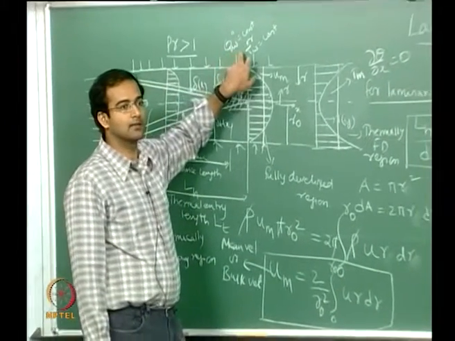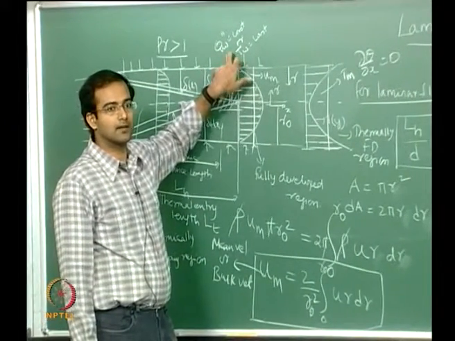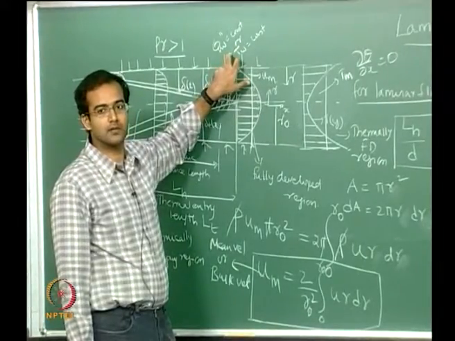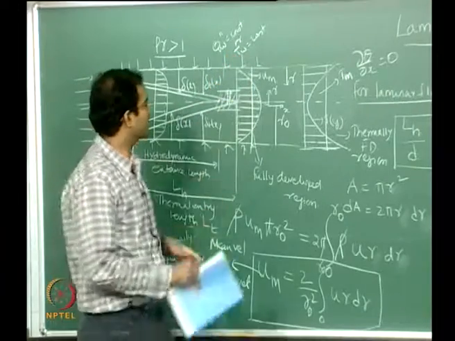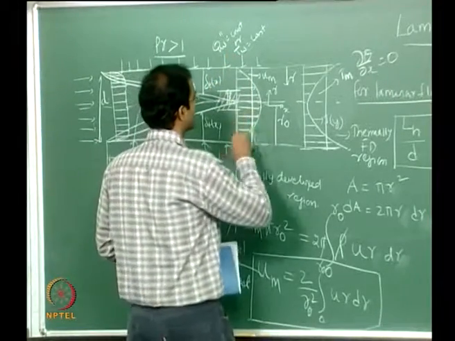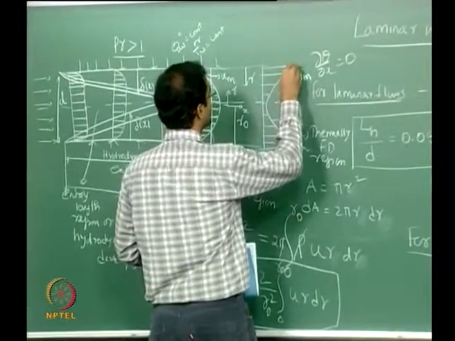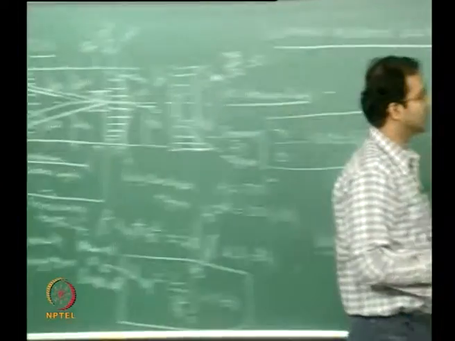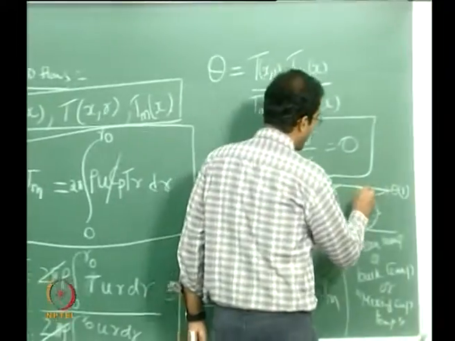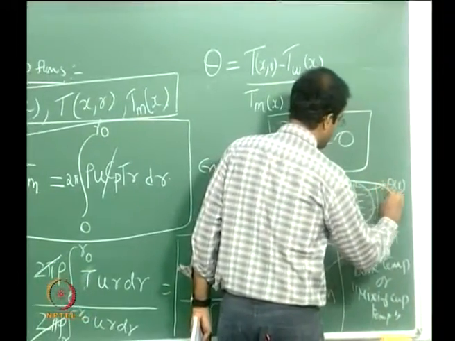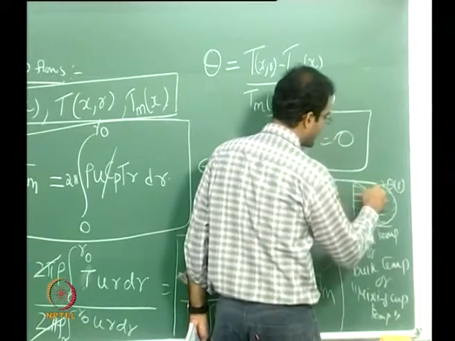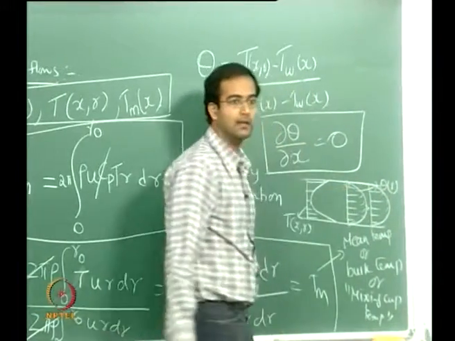At the wall, that will be a fixed value. Since theta is not a function of x, the slope also cannot be a function of x. Whatever slope I calculate with respect to the profile, whether it is here or if I use the non-dimensional theta, the slope will be the same, because the profile is going to be the same. The slope here and here have to be identical.